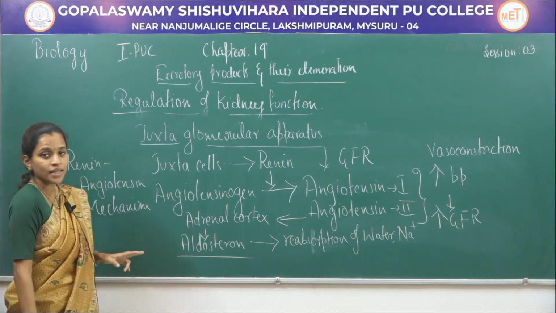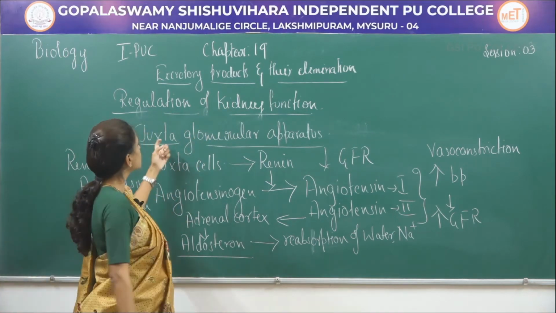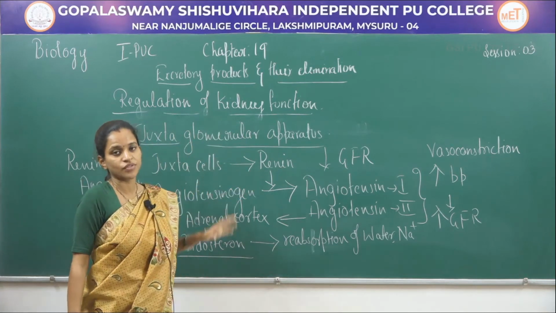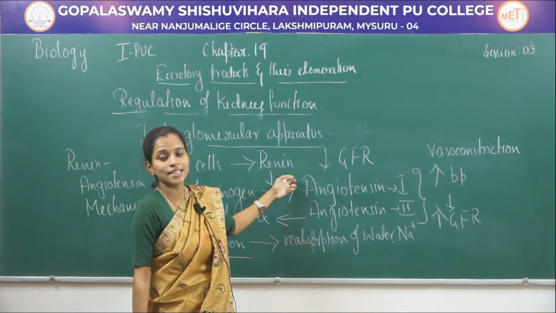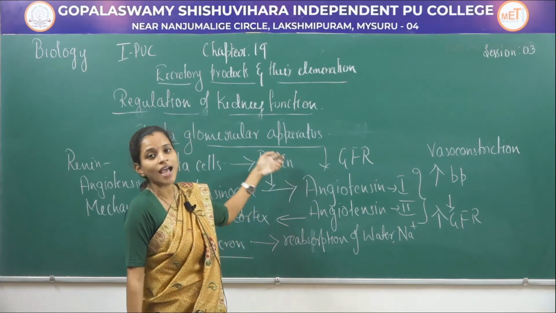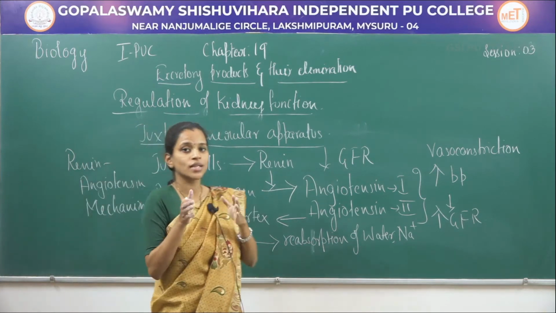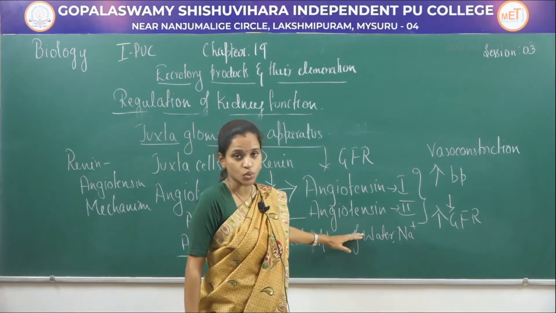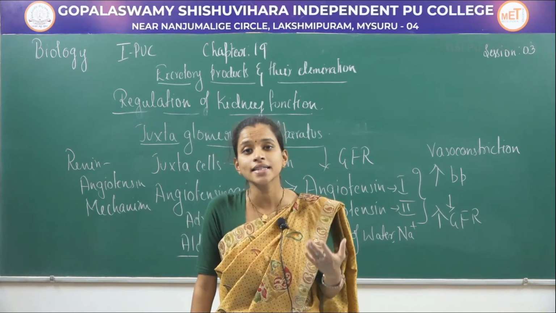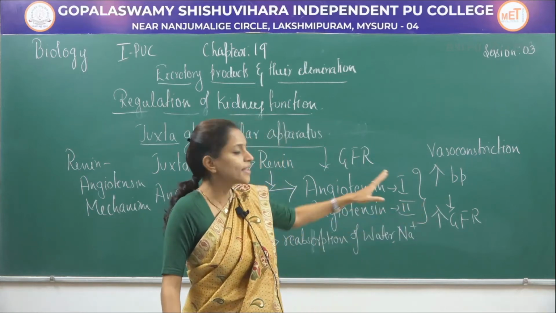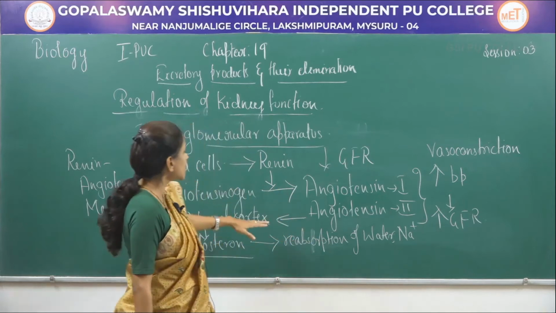So this is the second method by which the regulation of the kidney takes place. The juxtaglomerular apparatus of the kidney, in which juxta cells are present, releases renin. This renin acts on angiotensinogen and converts it into angiotensin 1 and angiotensin 2, which helps in vasoconstriction and increases the blood pressure, in turn getting the glomerular filtrate rate back to normal.